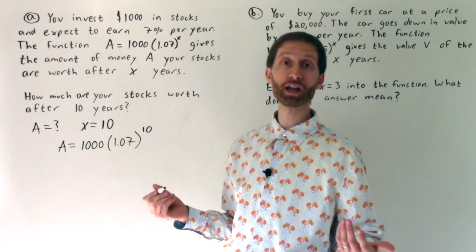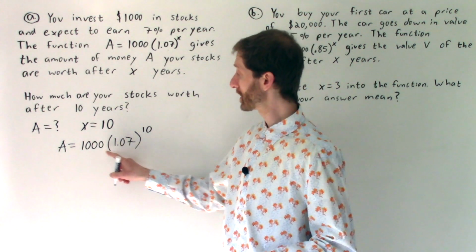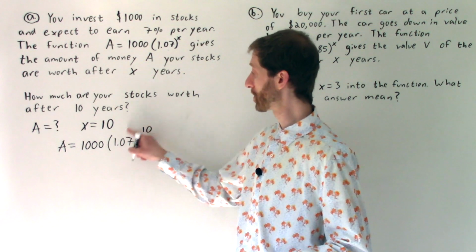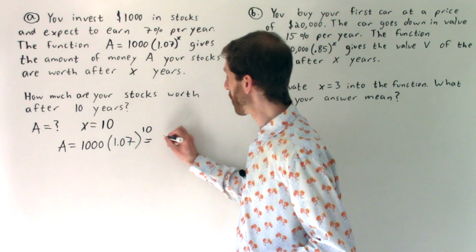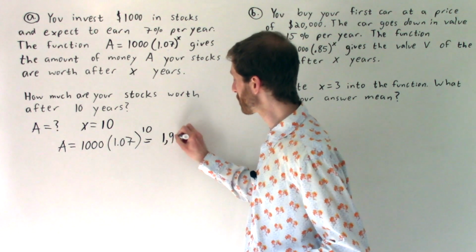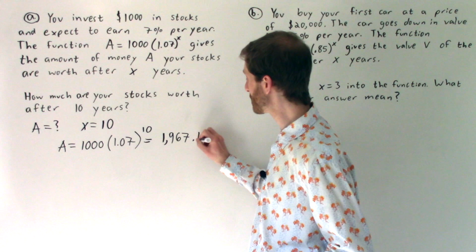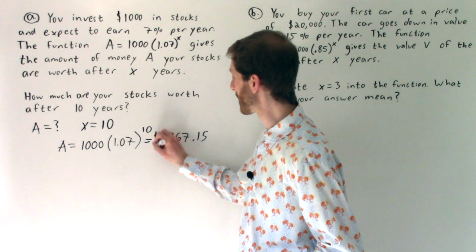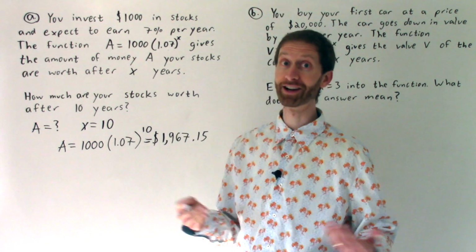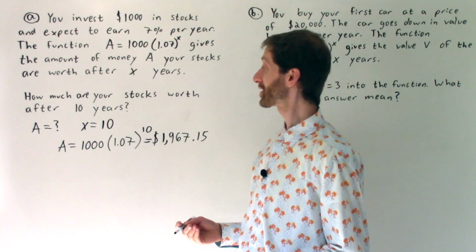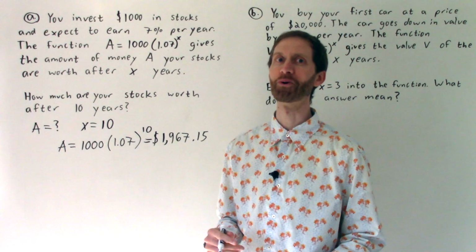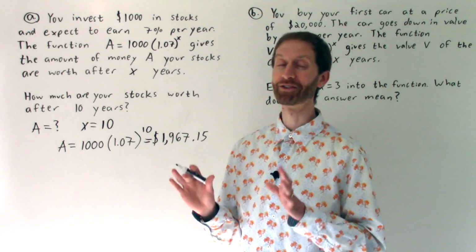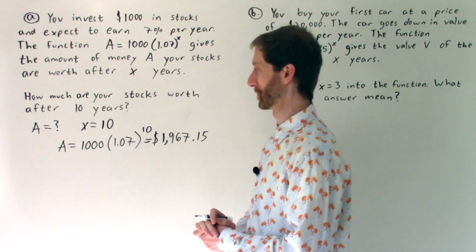So you plug this into your calculator like normal, plug it in exactly as you see it, or do the exponent first and then multiply by your result of 1,000 and you'll get $1,967.15. Right, so I'll put the dollar sign because it is worth dollars there. That's it. Pretty sweet investment. Just let your money sit and do its thing, and 10 years later, you've almost doubled it. Sweet. All right, so there's your first word problem with exponential functions.